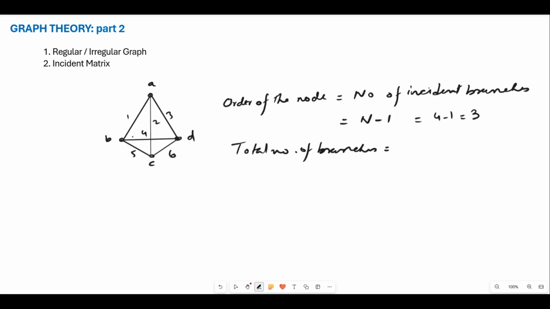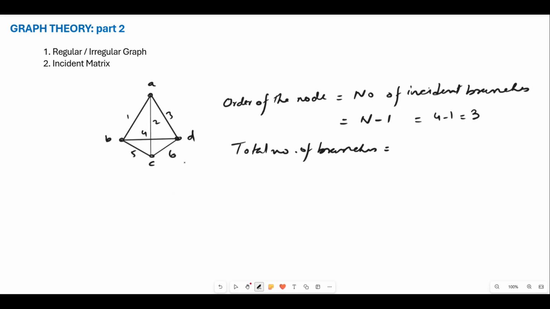Then we have 5 and 4, so the number is reduced to 2. Similarly, if we move to C, then we have 5, then 2, then 6, where 2 is repeated, 5 is repeated, and we have only 6. So each time one branch reduces.